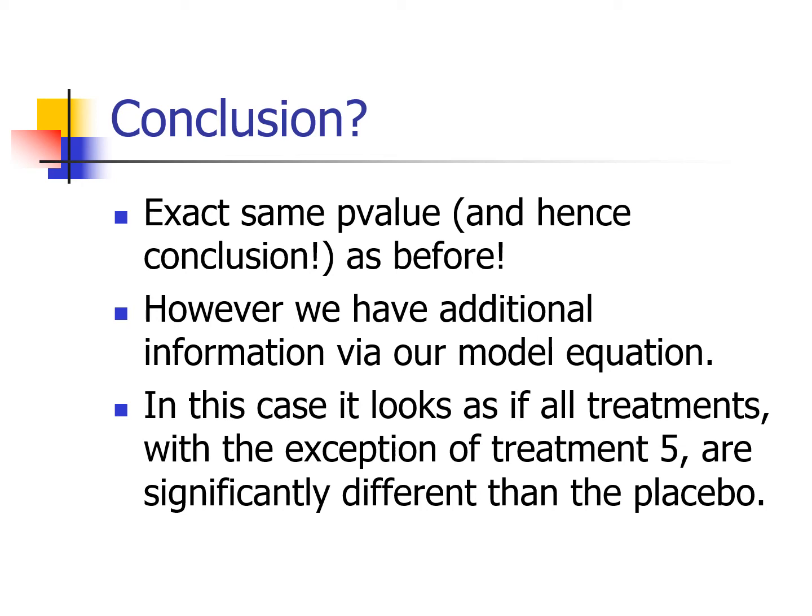The p-value for each of those, the x1, the x2, the x3, the x4, was saying whether or not that treatment was significantly different than placebo. In this example, all of those had p-values less than 0.05, with the exception of treatment 5, and hence are significantly different than the placebo.